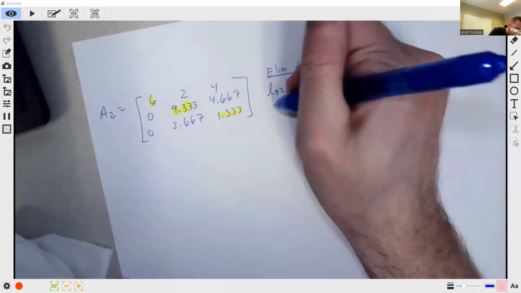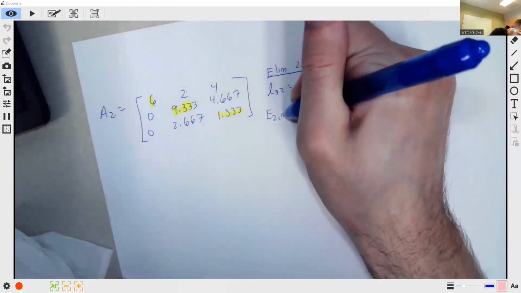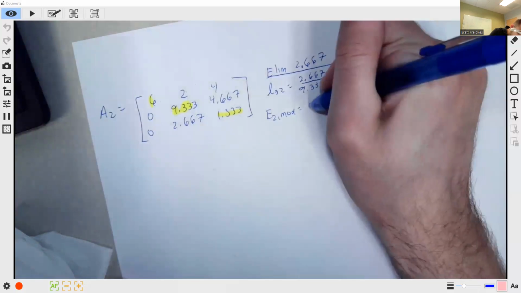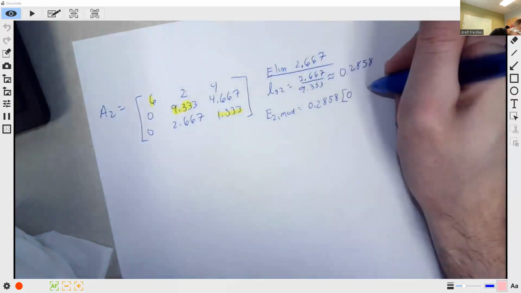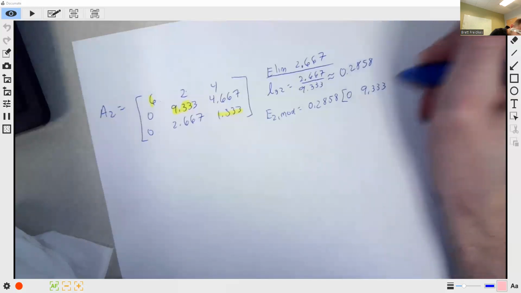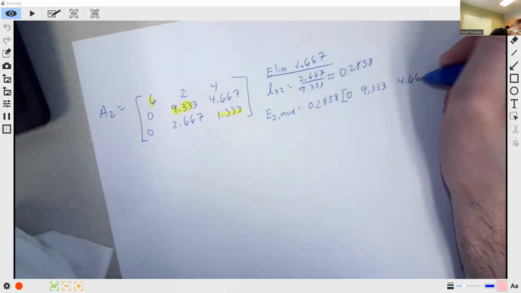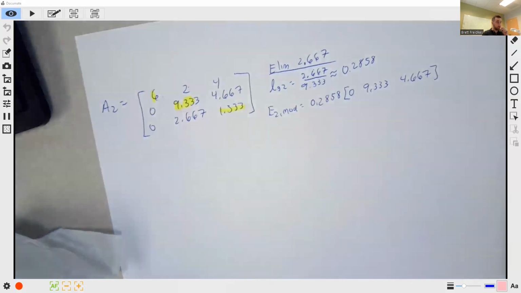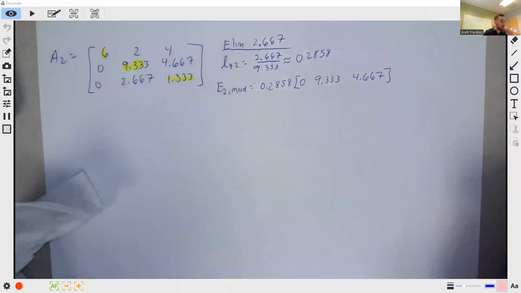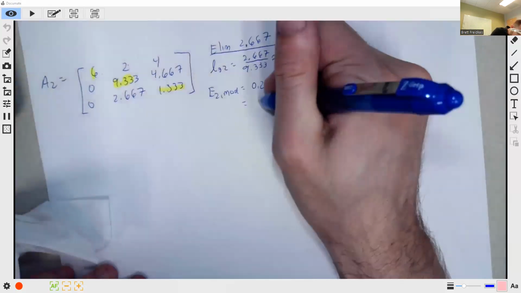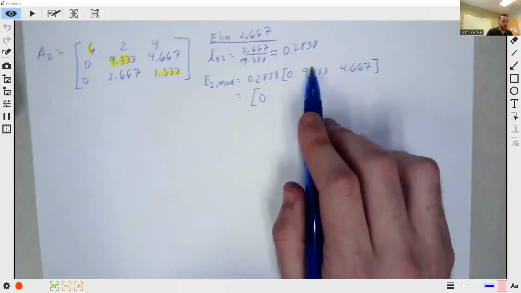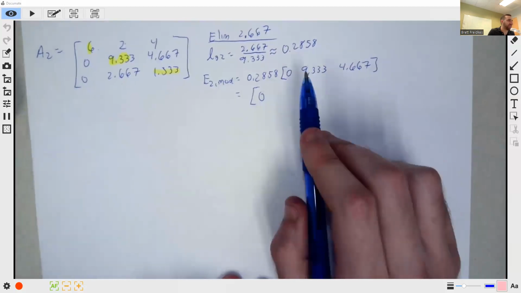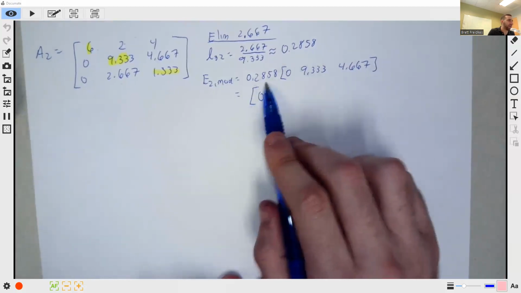So what we'll do now is modify the second equation. E2 mod will be this 0.2858 multiplied by 0, 9.333, 4.667. Sorry, my paper keeps turning. So that first term is going to be 0. This second term, if you actually multiply these out, they wouldn't be exactly 2.667 because of the rounding.